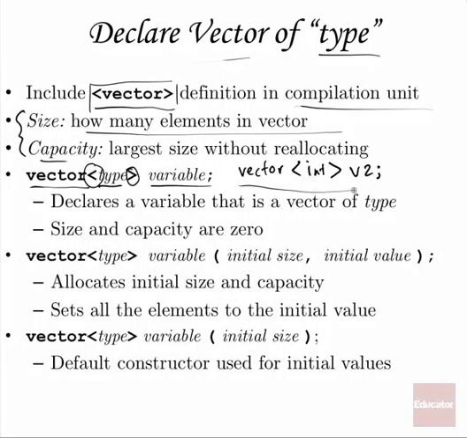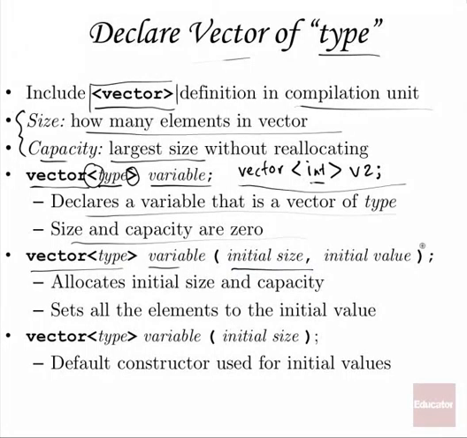This particular declaration will give us a zero-sized vector called v2 into which you can store integers. So this declares a variable of vector of type. Like I said, this type can be any type that you like. This particular declaration gives you a size and capacity of 0. You can say, wait a minute, that's the largest size, I need to put something in it. Don't worry about it. When you put something into it, if it needs more, if it can get more, it will.